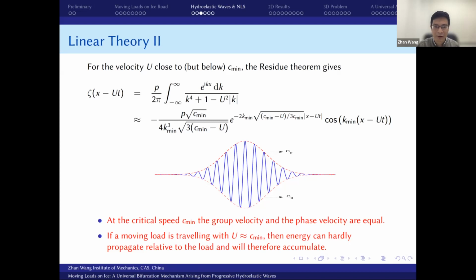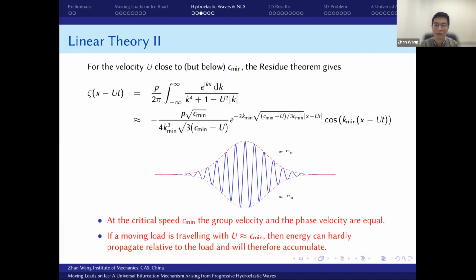Then the energy will accumulate within a very small, fully localized regime. As the energy accumulates, the amplitude increases. As the amplitude increases and reaches a certain level, the linear approximation breaks down, because a linear approximation requires the amplitude to be small. When the amplitude becomes large, the linear theory doesn't work.